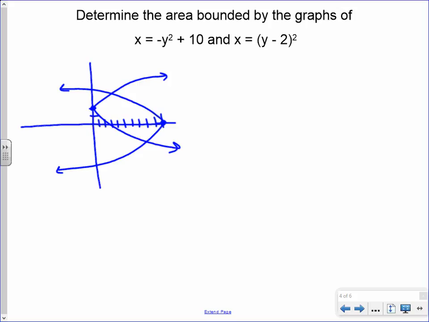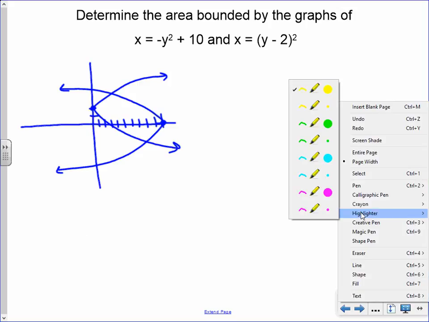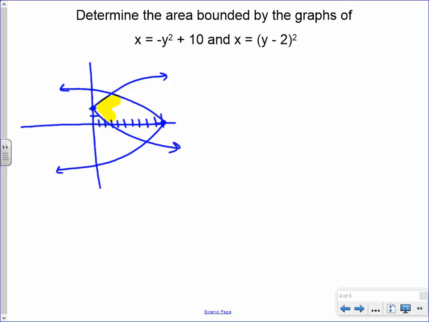All right, so we need to find this area right in here. Two parabolas intersecting. This is our parabola, x equals negative y squared plus 10.